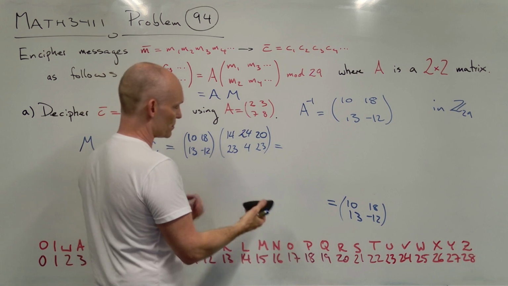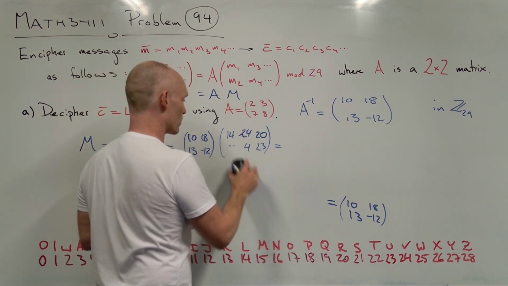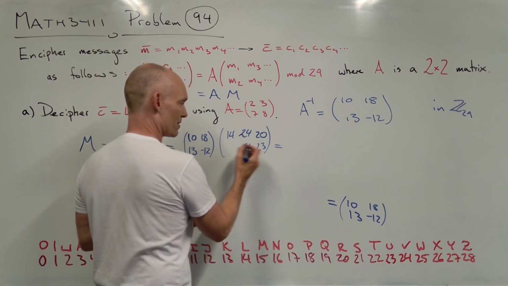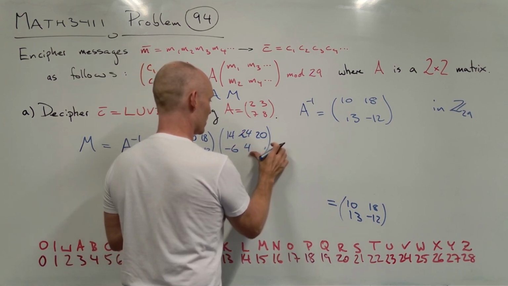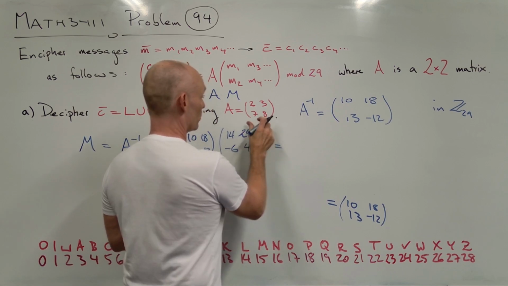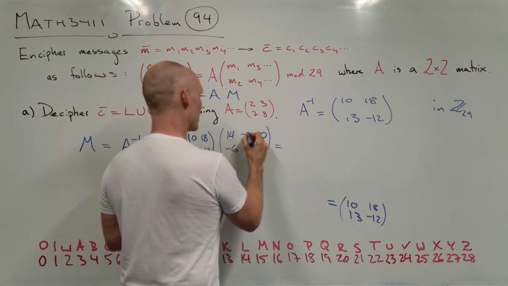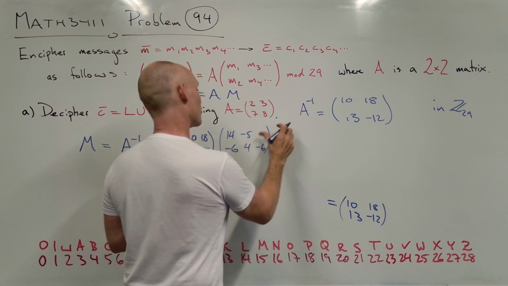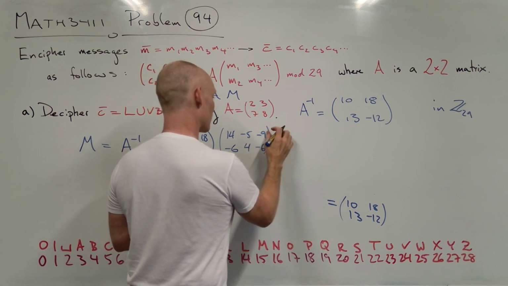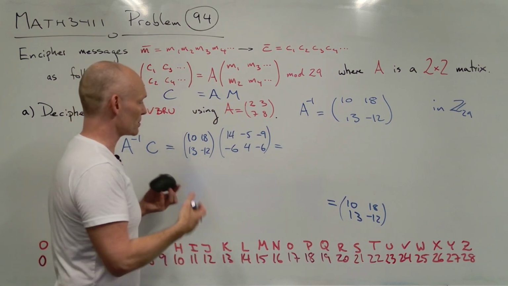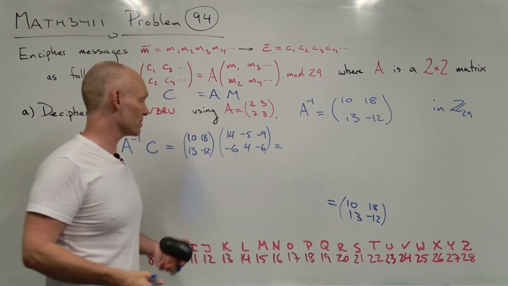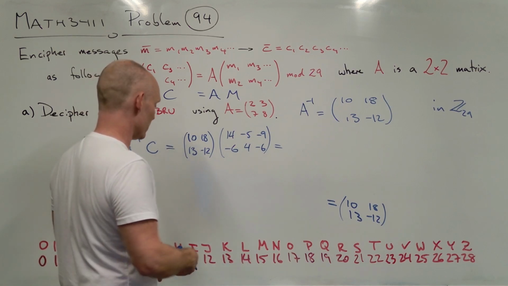And if we wanted to make things a little bit simpler, we could reduce a little bit. 23 is the same as minus 6, 24 is the same as minus 5, and 20, let's call that minus 9. Okay, that's enough reducing. That might simplify the calculations if you're doing these by hand, but it's up to you whether you want to do that or not.